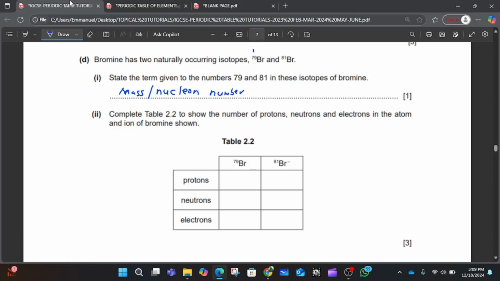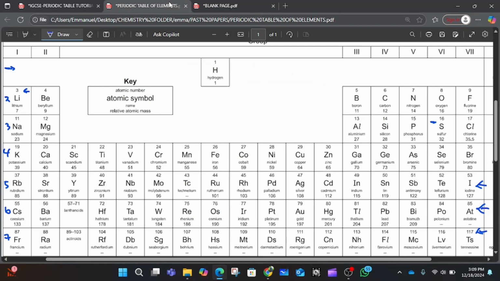II. Complete table 2.2 to show the number of protons, neutrons, and electrons in the atom and ion of bromine shown. So proton number, when we check the periodic table, bromine is the 35th element.